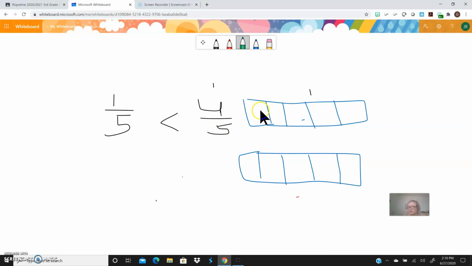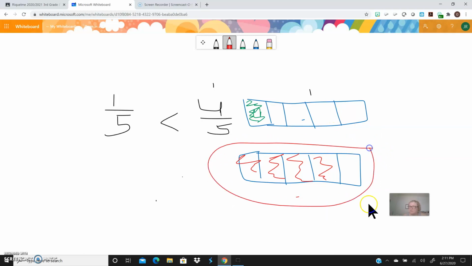So this is my candy bar, and I'm going to give 1 piece to Jose. And this is my other candy bar, but I'm going to give 4 pieces to Irma. So who's getting more pieces? Irma or Jose? Irma, so Irma's portion is bigger.